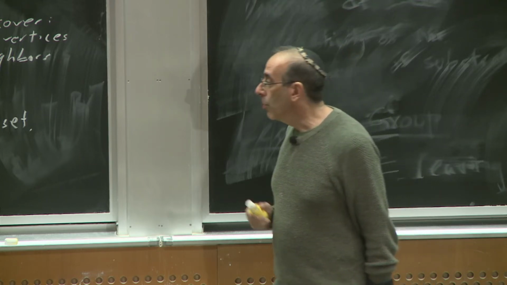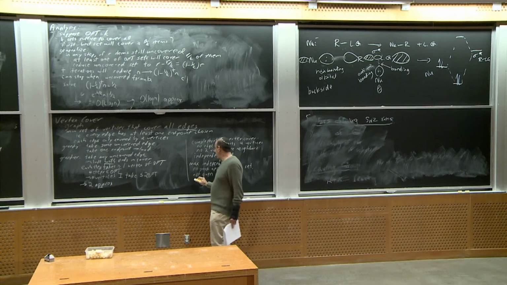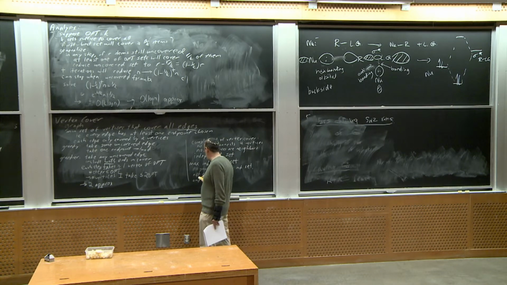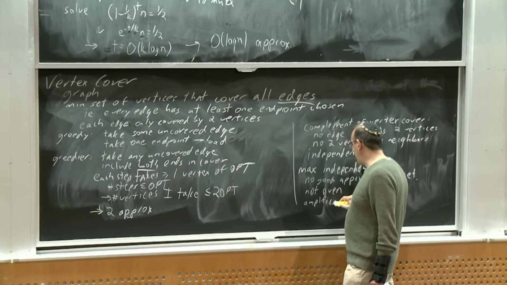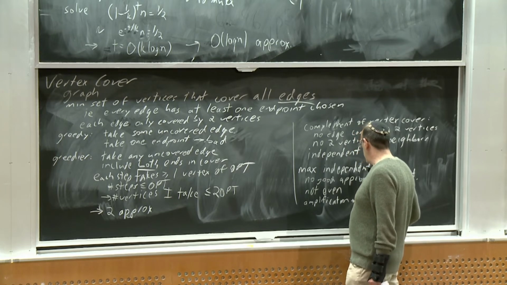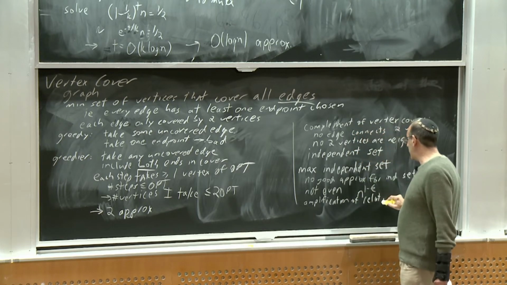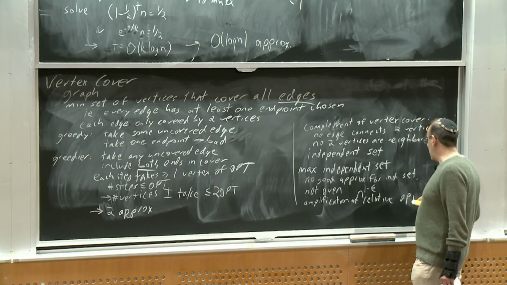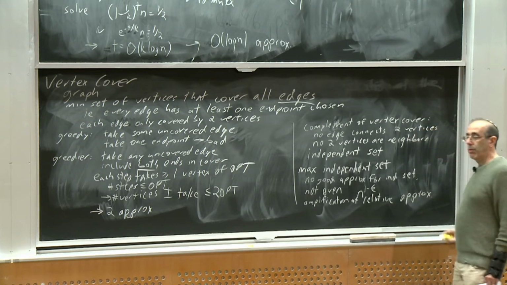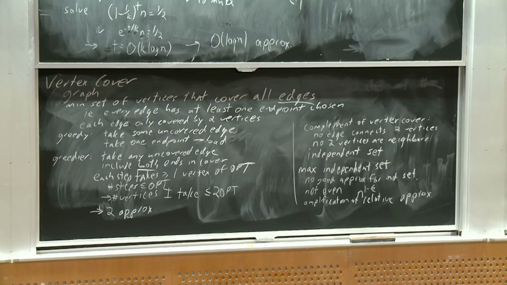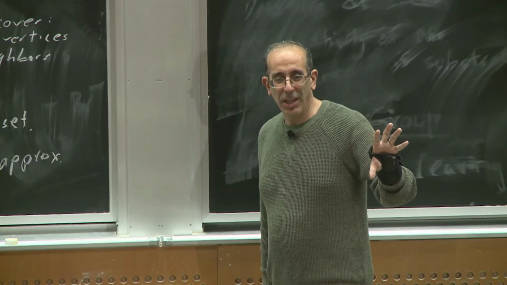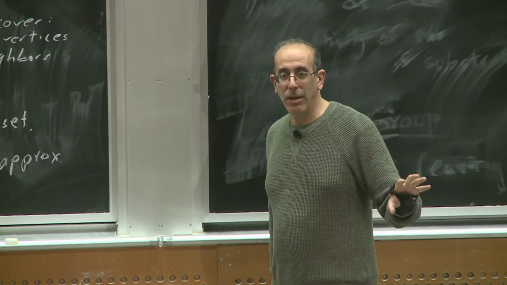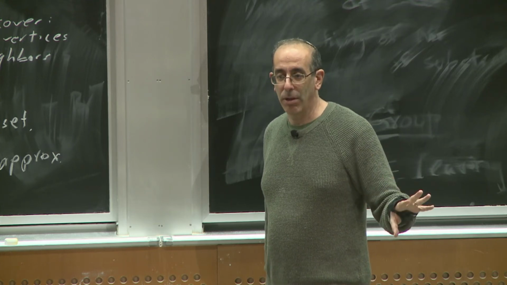Okay. The way they proved it is with, again, a sort of an interesting extension of the amplification idea. It turns out that you can sometimes amplify relative approximations. So last time you saw how to amplify additive approximations, to take an additive approximation of a certain quality and turn it into a better additive approximation or an exact algorithm.